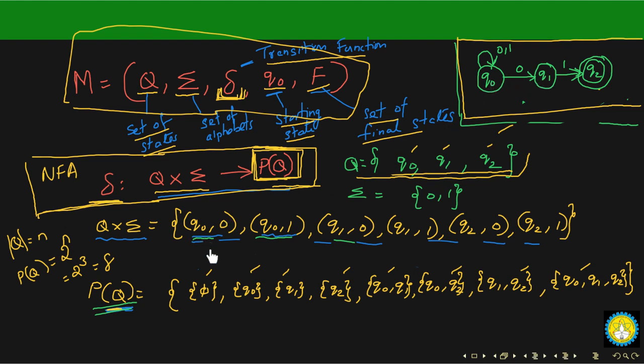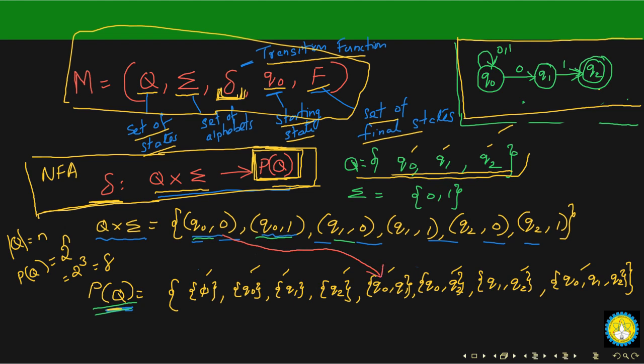That's why we are going to map Q0, 0 to this particular value, that is Q0, Q1, right? We can either go to Q0 or go to Q1. So Q0, 0 is going to be mapped to Q0, Q1.